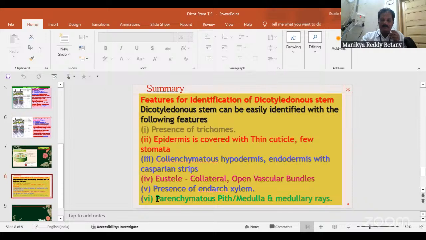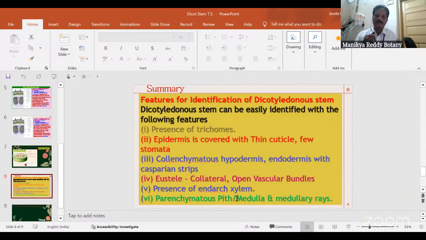And last one, medulla or pith, a large parenchyma tissue, is located at the center of the stele. It is called medulla or parenchymatous medulla. It stores food materials and has intercellular spaces.